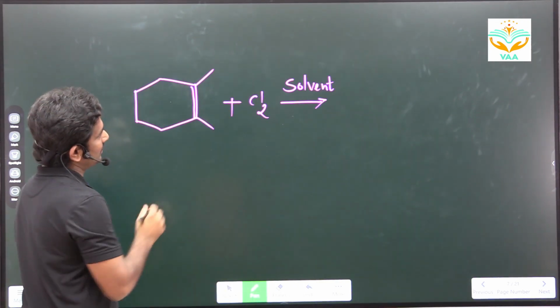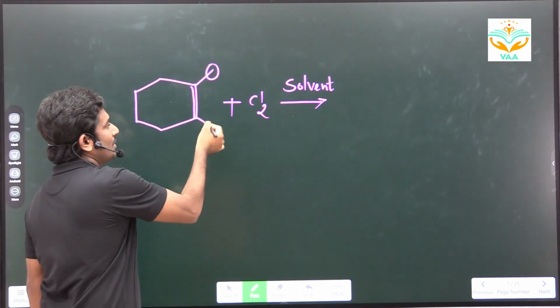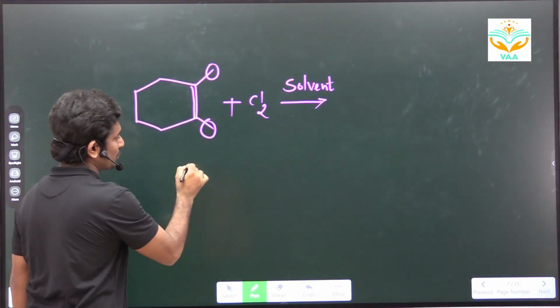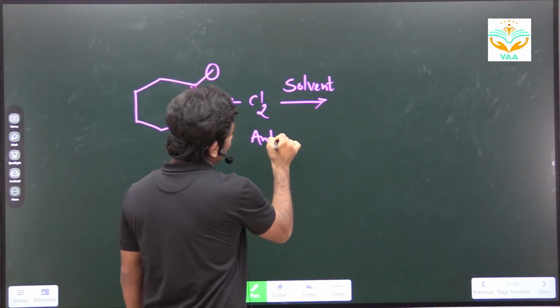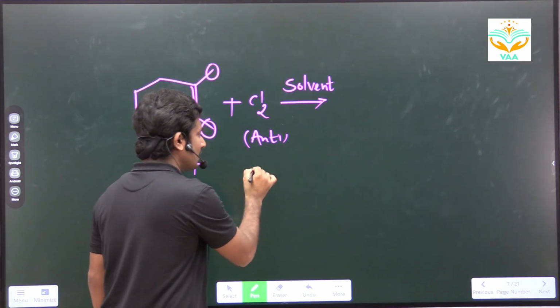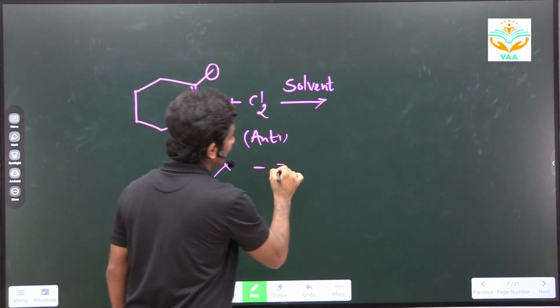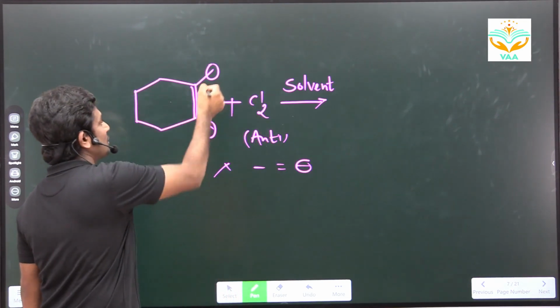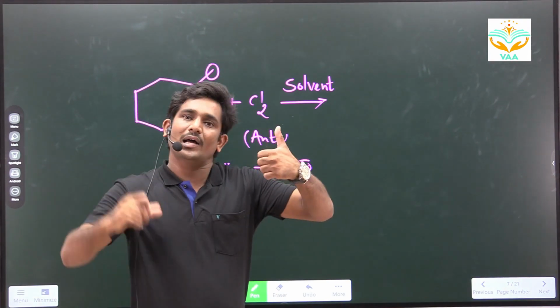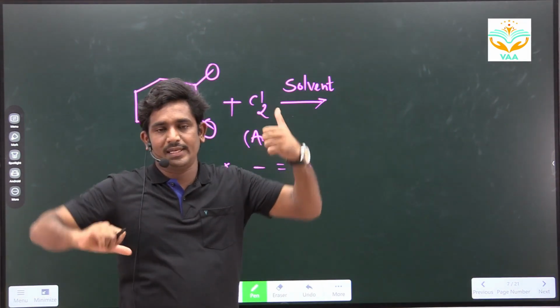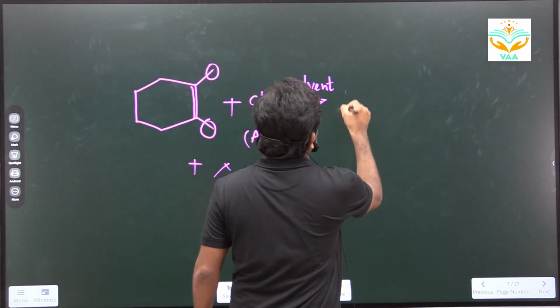So what will you get? Again, look, now methyl, methyl, they are on the same side of this double bond. So take plus sign, and it is anti-addition, no? It is anti-addition, right? So which sign? Minus. Plus into minus equal to minus. That means these two methyls will come on opposite sides. One methyl is above, the other one is below. Okay, right? So write the product.